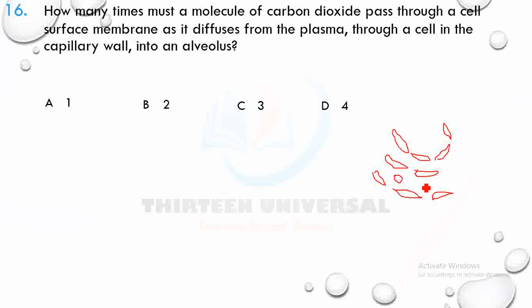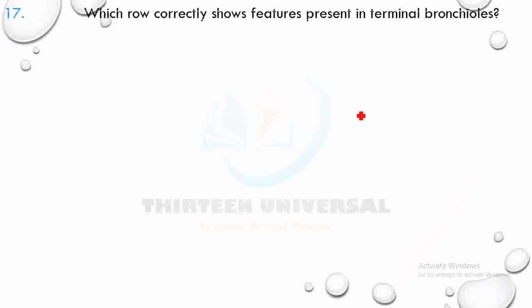CO2 is in the plasma. It's going to diffuse from here and cross the first cell membrane, 1, enter, come out, 2, cross the third one, the fourth one, and enter the alveolus. So 4 membranes. The oxygen is 5 because it's coming from the red blood cell.